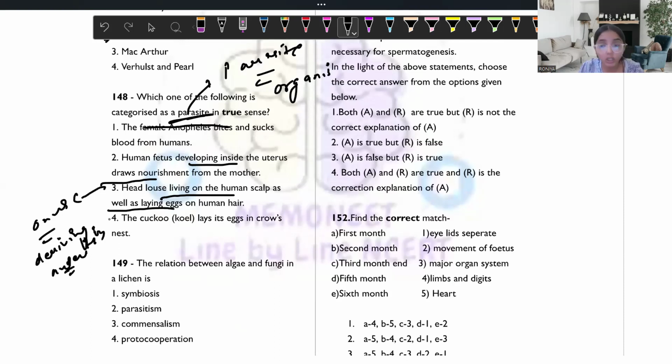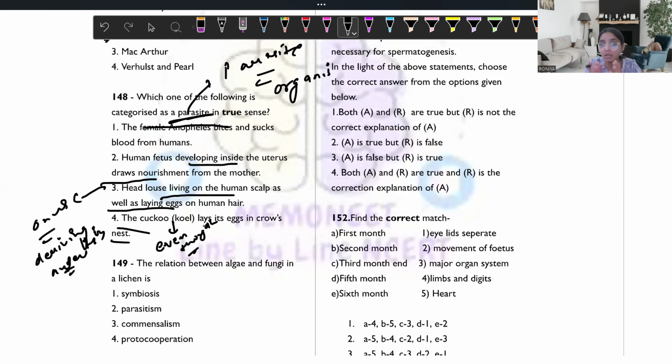Correct. In true sense, the cuckoo lays its eggs in the crow's nest. It's not a parasite, right? Because the parasite has to be residing on or in the body of the host.